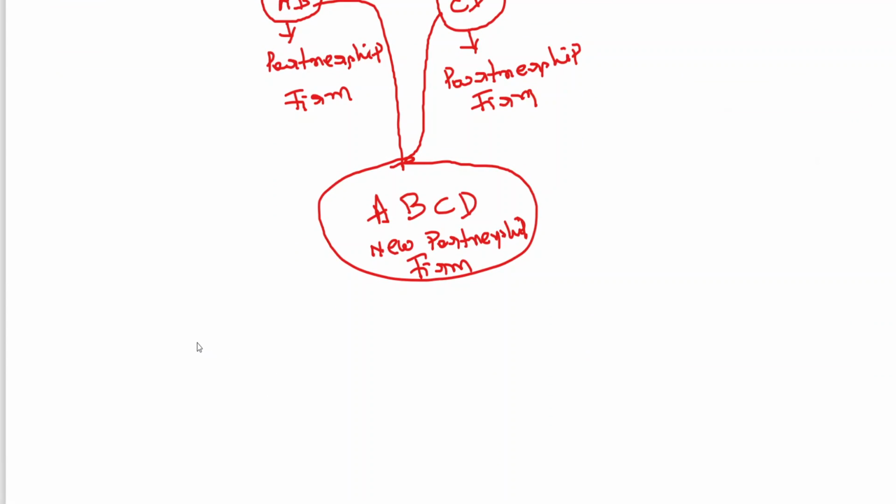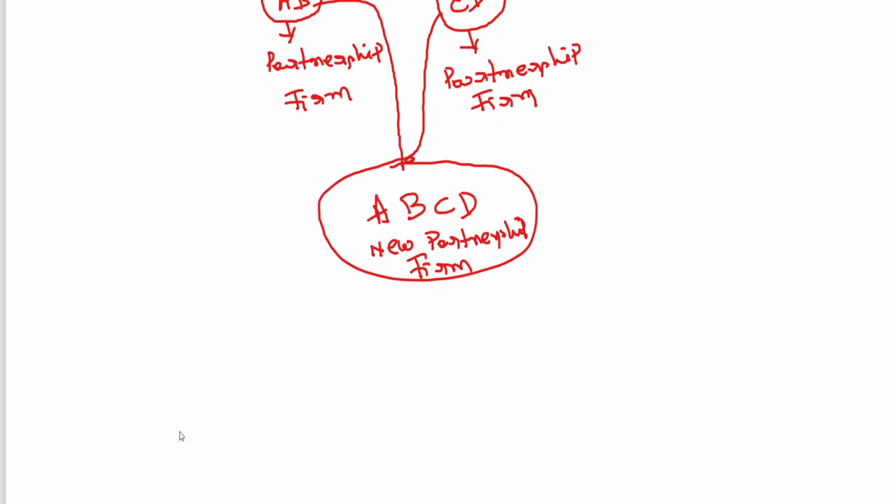Why? Because to avoid competition, to reduce their common expenses, to reduce advertisement expenses, and to expand the market. There are economies in amalgamation of partnership firms. With one single management, they can take quick decisions, and the intellectual people of both the partnership firms can come together.